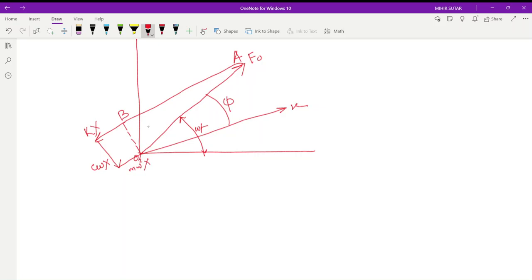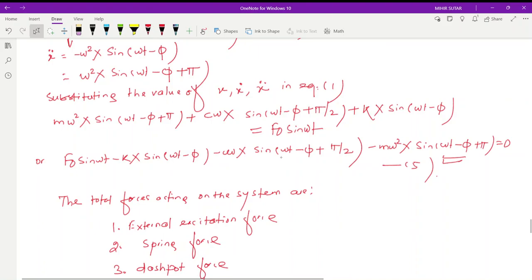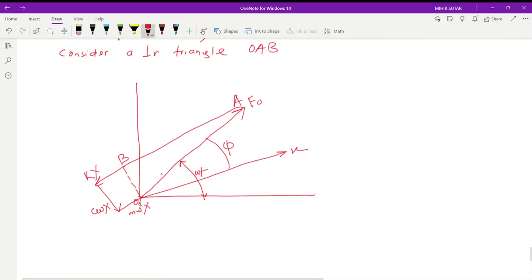Hope you understand how we got this graph, because in the equation you can see first is your m, minus kx sin omega t minus phi, right? So the direction is minus, means it is opposite to the displacement. So it is this total from A to here. This is minus kx sin omega t minus phi. This is parallel to the displacement.